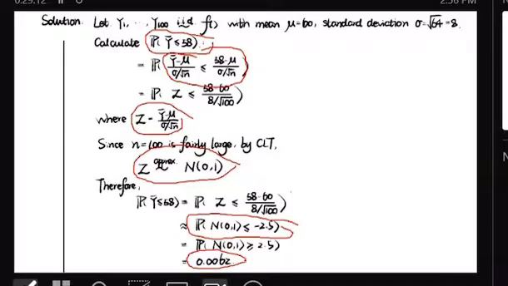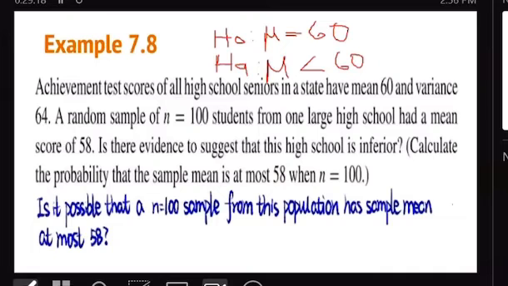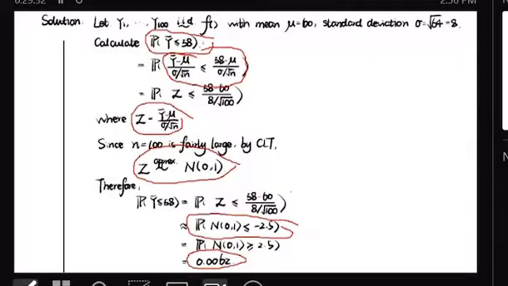Right now, take a look at that. Is it not less? It's less than 0.05, which means if I go by the way of hypothesis, I'm rejecting the null hypothesis. Rejecting the null hypothesis actually means you're going to conclude in favor of the alternative. Any question?